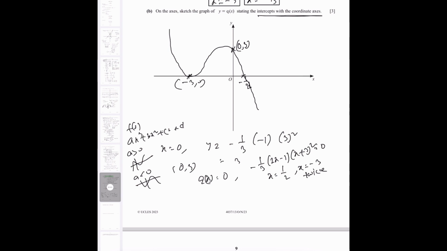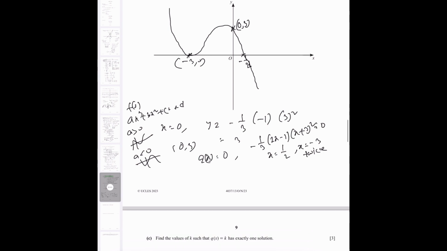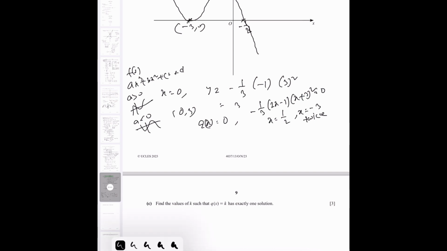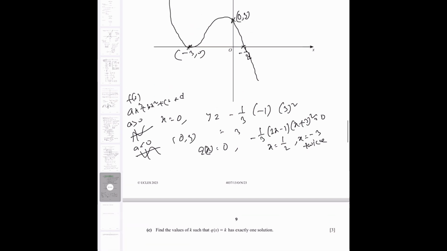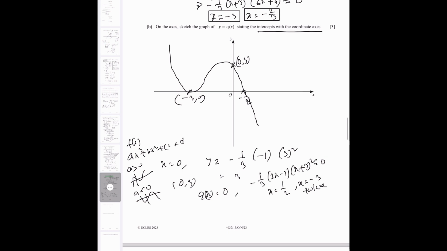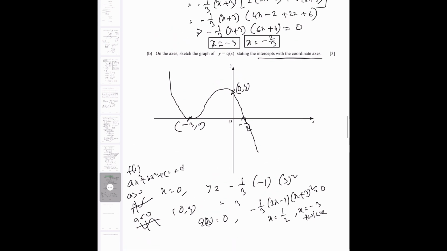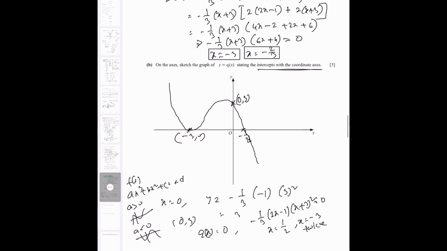Let me copy the question again. y equals q(x) equals minus 1 by 3 (2x minus 1)(x plus 3) whole square.